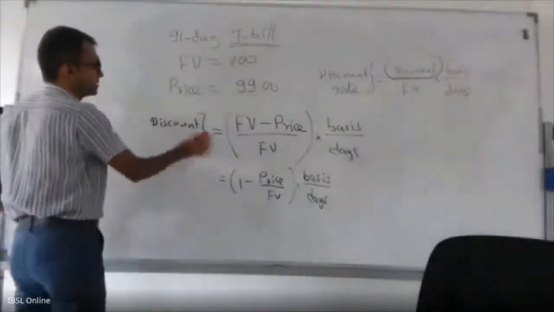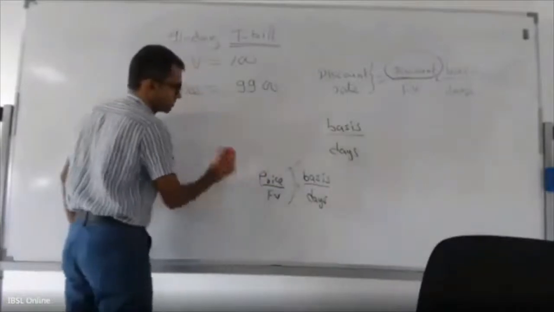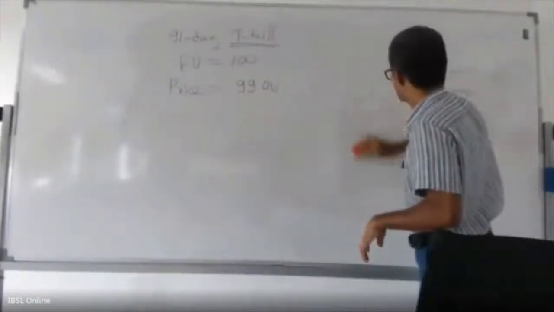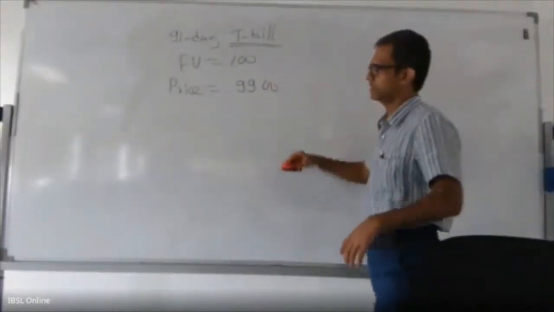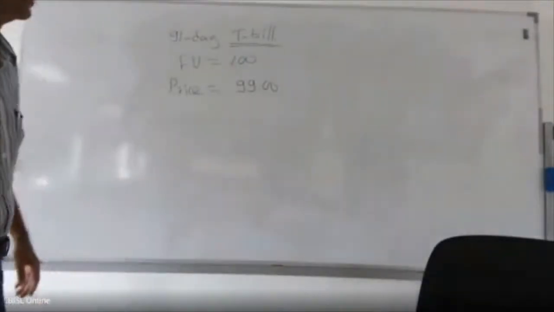Now, in this example, we assume 91 days for the remaining maturity, because this is at the primary. You buy it at the primary auction.